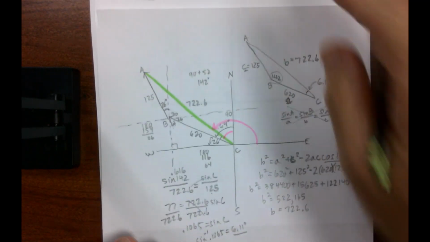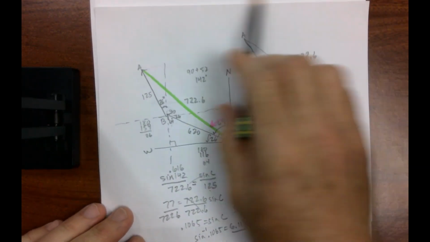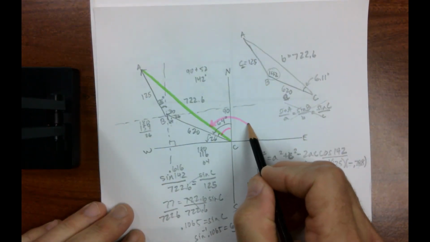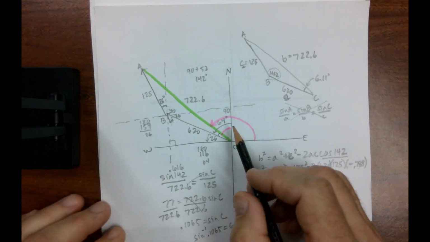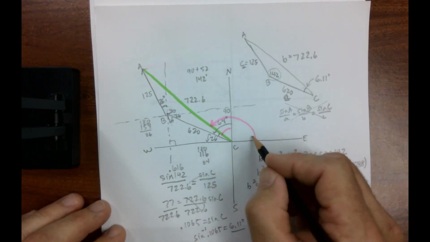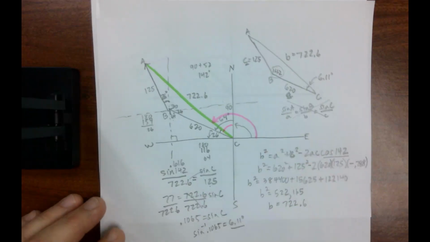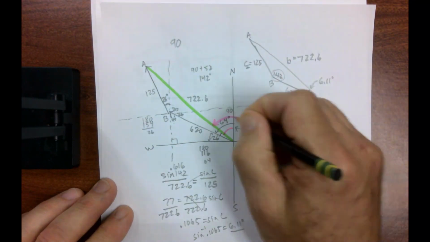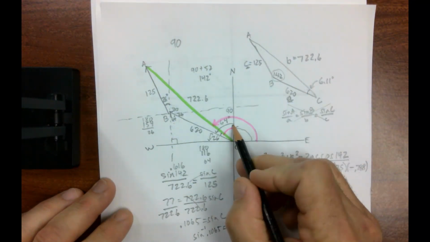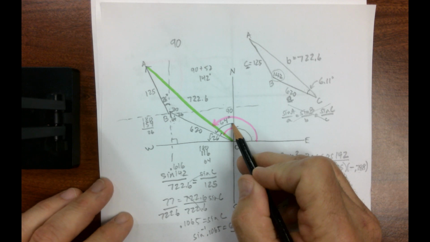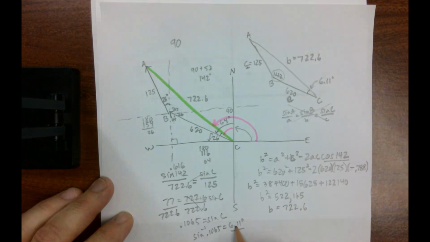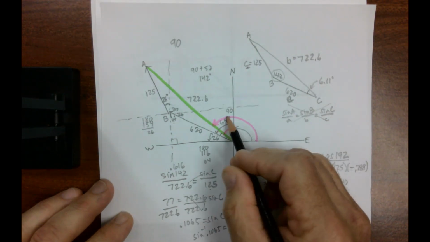Now we can go back to the question. So it says, what is the resulting direction of the plane? Well, that would be 90, and I guess we could just kind of think of it this way. We know it's going to be this part, so that's going to be, I don't know where to write my answers, it's so messy, 90 from that. Now we don't want all of this, because that's 64 degrees. We got to subtract 6.11 from 64 and then add that to 90.